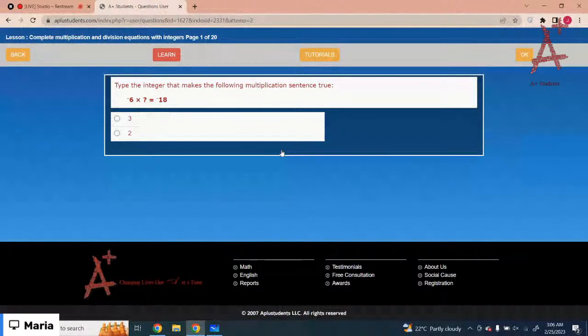Negative 6 times 3 makes negative 18. That's the one we just did in the tutorial, so the correct option is 3. Let's move on to the next one.